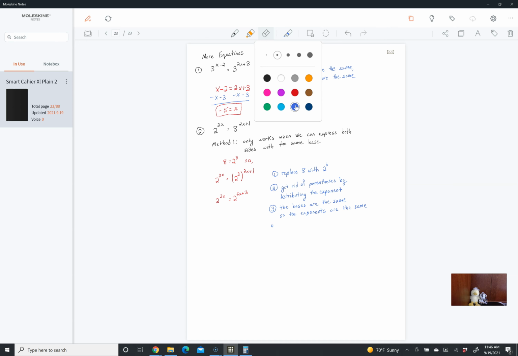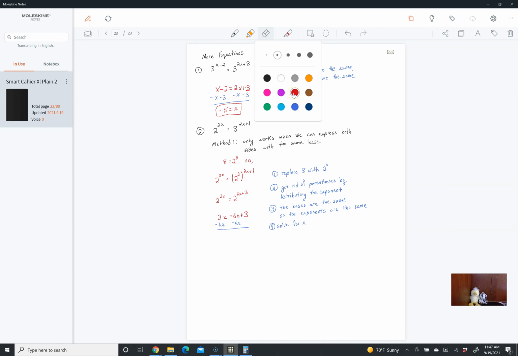And what does that mean? That means that then we can just solve for x. So here we're saying we have a base 2 on both sides. So 3x is equal to 6x plus 3. To solve, we get the x's on one side, the constants on the other. So we subtract 6x from both sides.